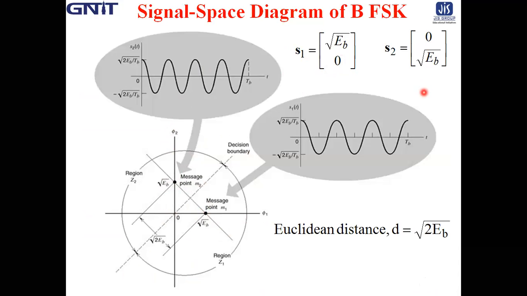The Euclidean distance between them, you know the coordinates of m_1 and m_2, that is square root of E_b comma 0 and 0 comma square root of E_b. And the waveforms, see s_1(t) for the message point m_1, this is the waveform, and s_2(t) for the message point m_2, this is the waveform, and they have two different frequencies, say f_1 and f_2.